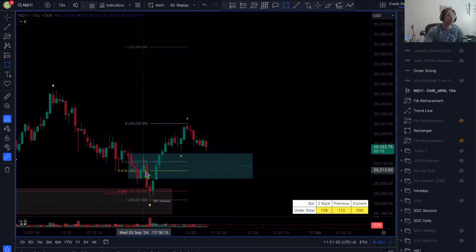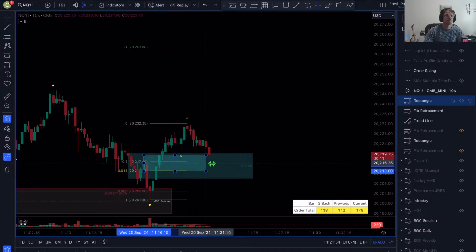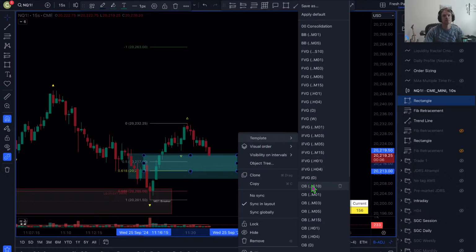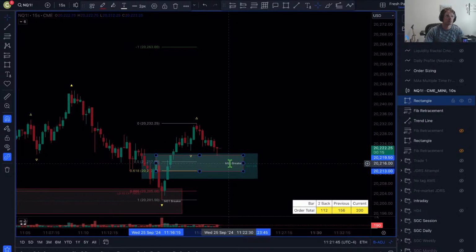This breaker block here. See if it comes down, taps me in. That was the S15 breaker.